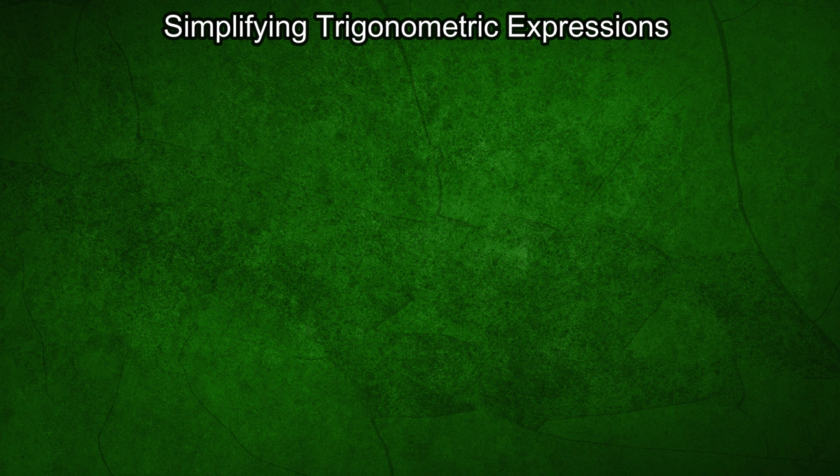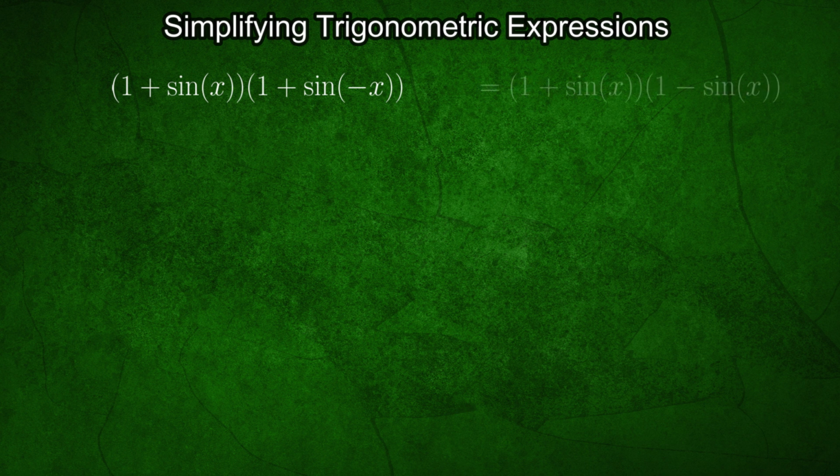Another expression that we can simplify is the following: 1 plus sine of x times 1 plus sine of minus x. Now, as sine is an odd function, we know that sine of minus x is equal to minus sine of x. So our original expression is now 1 plus sine of x times 1 minus sine of x. But now we have a difference of squares.